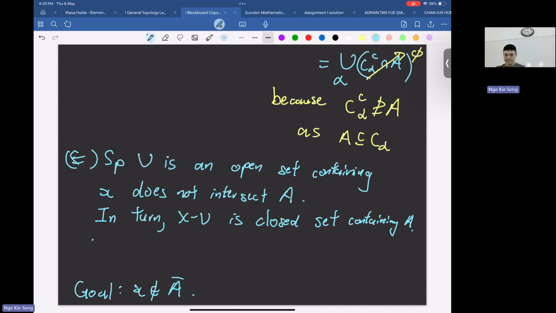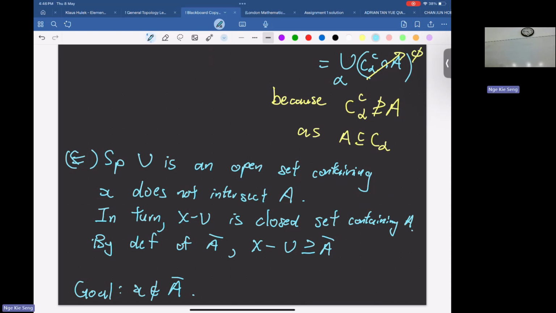By definition of A bar, we should have X minus U containing A bar, because A bar is an even bigger intersection. But A bar should live inside X minus U, and X is already outside X minus U. I suggest you draw it.